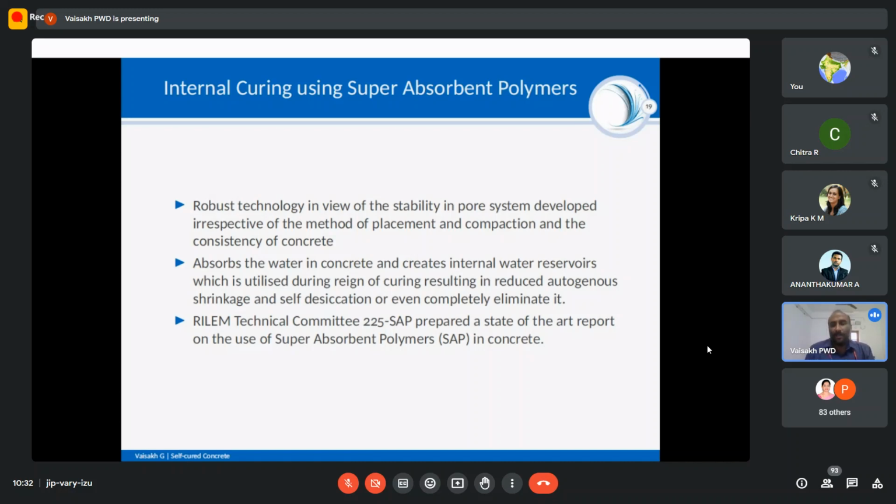We will come to that later. Anyway, RILEM Technical Committee 225 on SAP, super absorbent polymers, prepared a state of the art report, and this also is available for download on the RILEM website.